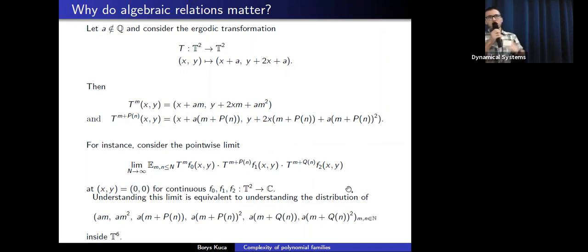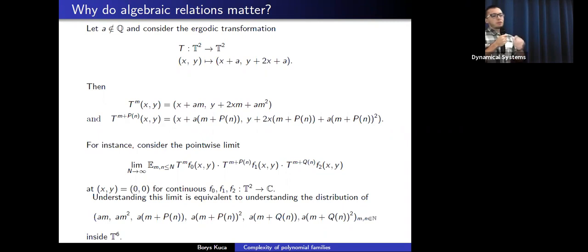Okay, so to understand the distribution of this sequence inside the 6-dimensional torus, we have to understand the linear relations between these 6 entries. And if you look carefully at what these entries are, it turns out that to understand the linear relations between these 6 entries, we just have to understand the quadratic relations between 3 polynomials, m plus pn, and m plus qn.